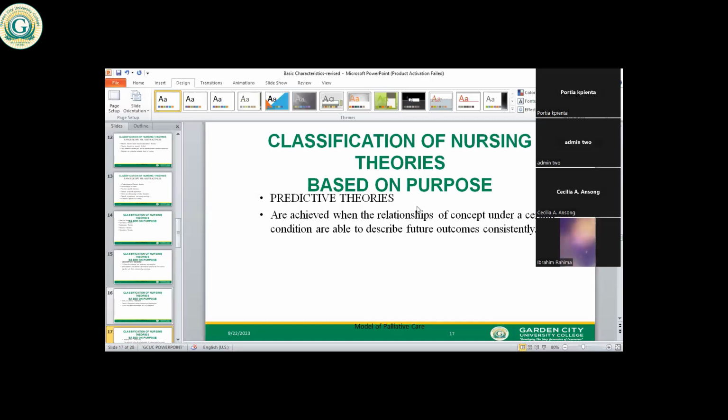With the predictive theory, once the cause and the effect have been established, this theory now states that in the near future, if the same situation happens, so let's say the explanatory theory has established the relationship between not taking in potable water and diarrhea. The cause and effect has been established.